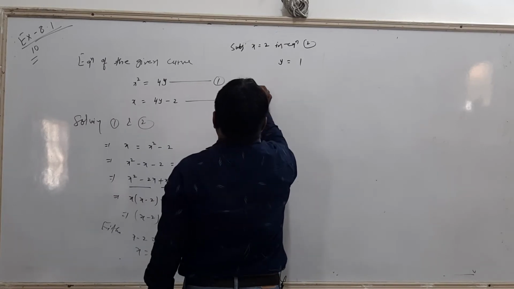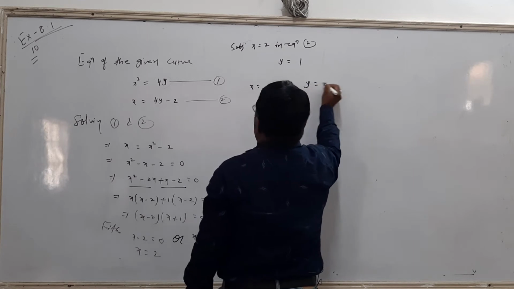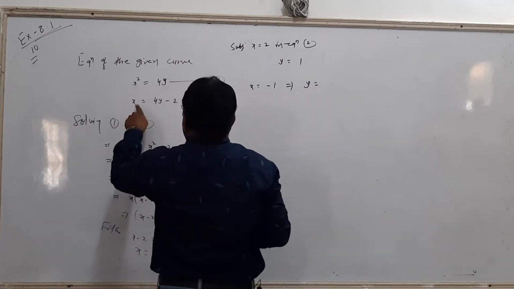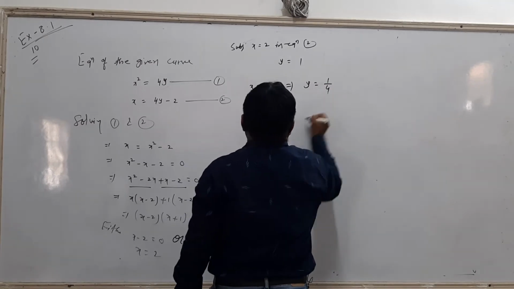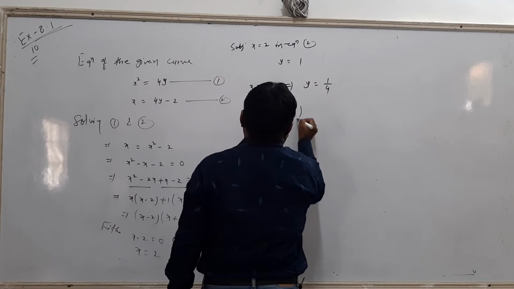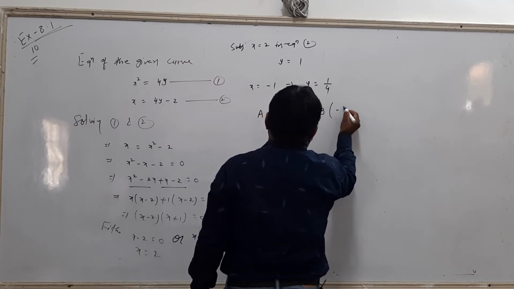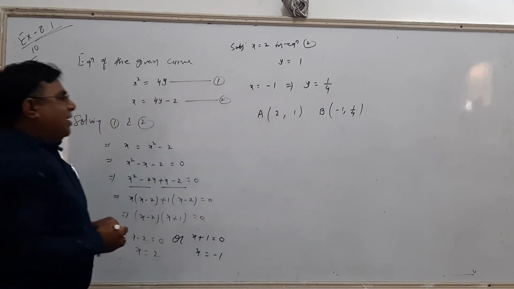And then substitute x equals to minus 1 in the same second equation, then y equals to 1 by 4. So the first intersection point is 2 comma 1, and the other intersection point is minus 1 comma 1 by 4.